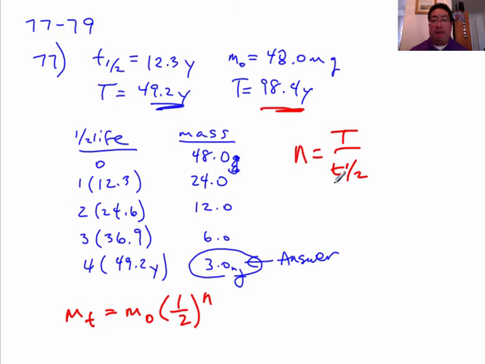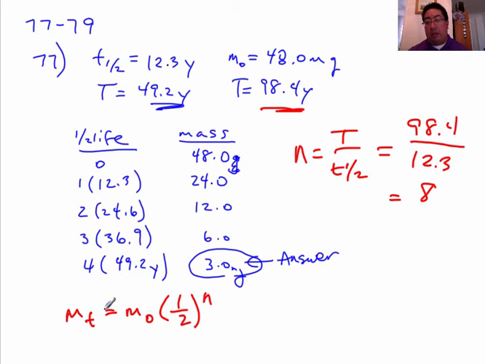So if I know how many half-lives have taken place, I know how many times I'm going to multiply by 1/2. So for the second part, we could say 98.4 over 12.3. If you take 98.4 and divide it by 12.3, we end up with 8 half-lives.